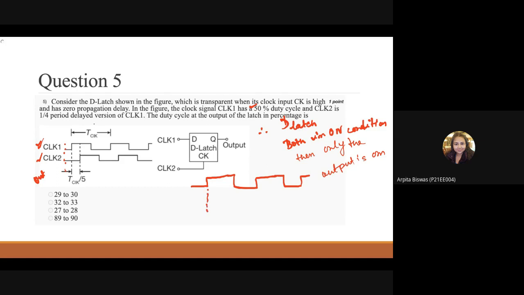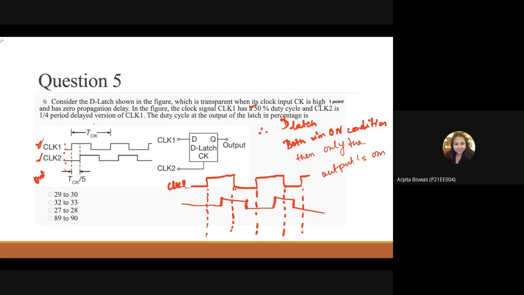This is clock 1, and this is clock 2. Clock 2 is coming in that portion, then this portion, then this one, and this.